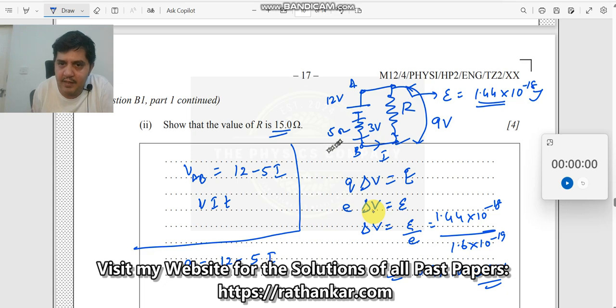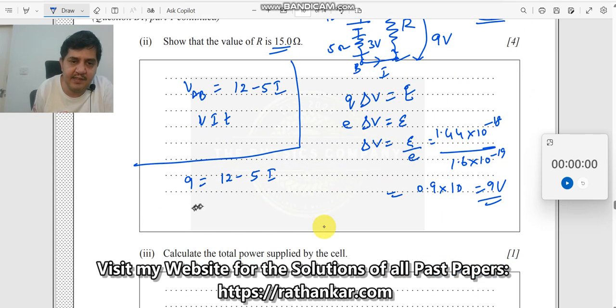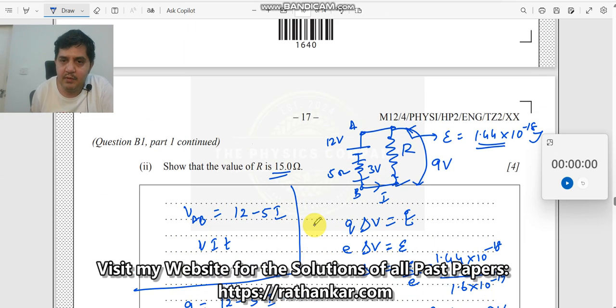Why is it 5 into I? This one, right? Based on this I can write 5I is equal to 12 minus 9, which is 3. I should be equal to 3 by 5, which is 0.6 ampere. Now 0.6 ampere is the current passing through.